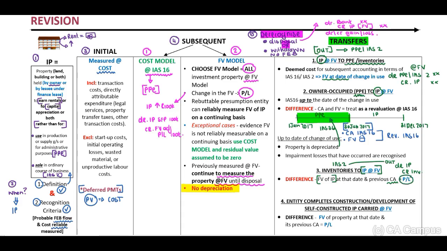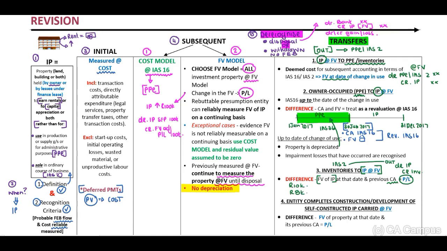Now, let's say, for example, the fair value of our investment property was 10,000 on date of change, and the carrying amount of our inventory was 8,000.